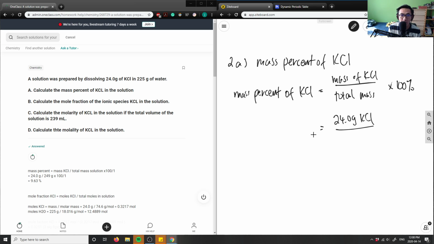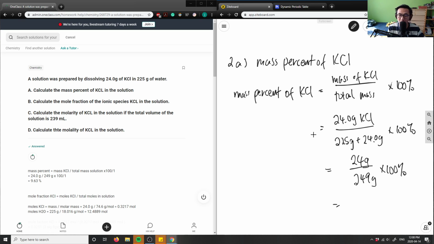So this would be 225 grams of water plus 24.0 grams, and we multiply by 100%. So this gives me 24 grams over 225 plus 24, which is 249 grams, times 100%.